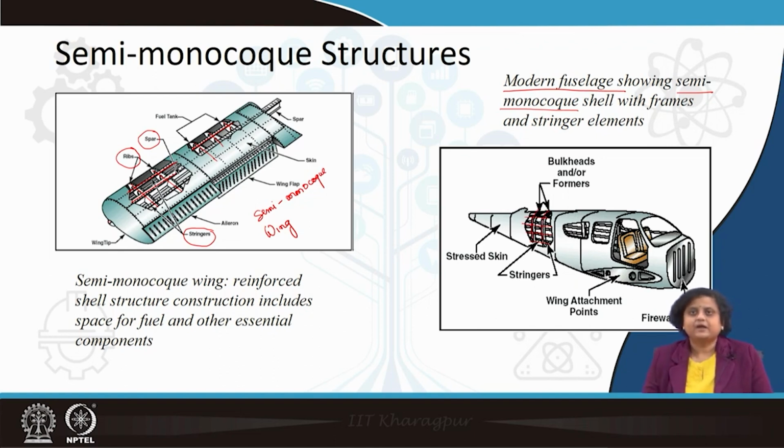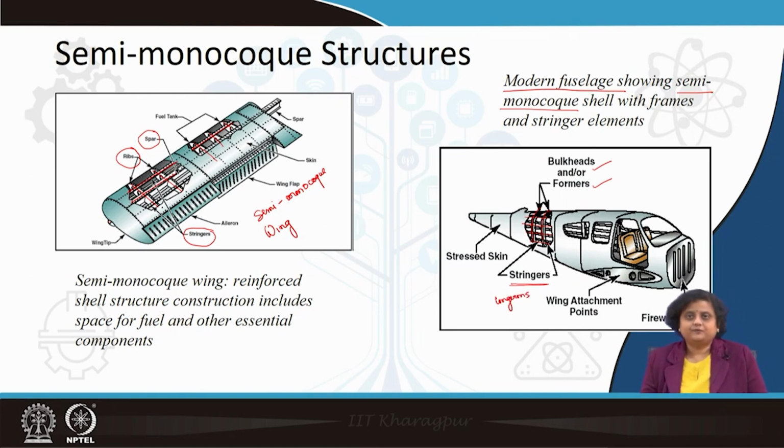These transverse members in the case of a fuselage are called bulkheads and formers, and the longitudinal members are called stringers and sometimes also longerons. We will talk about this later.